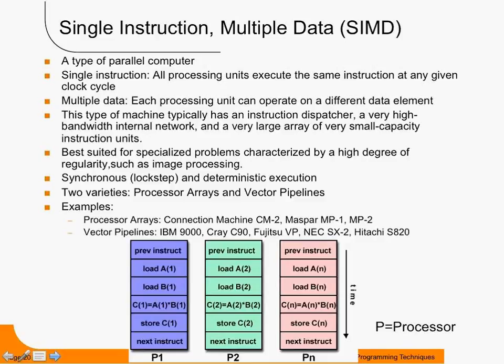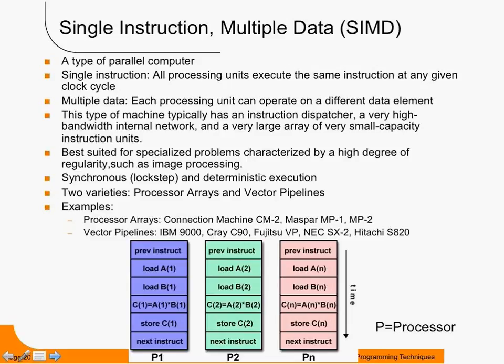Now for single instruction, multiple data. Take the example of A plus B, where A and B were scalars. Now let's assume A and B are arrays. A has 100 values and B has 100 values.